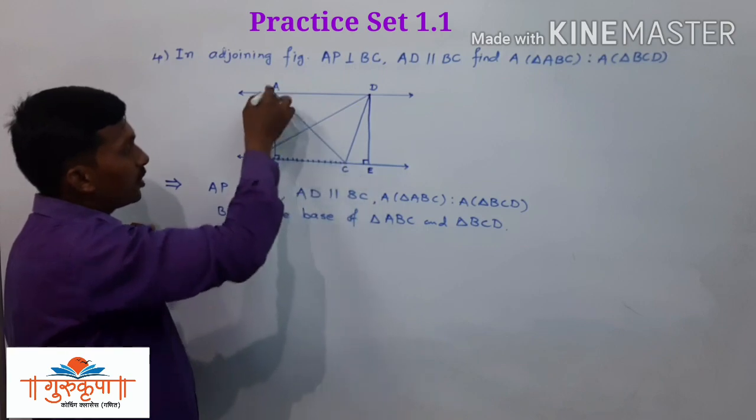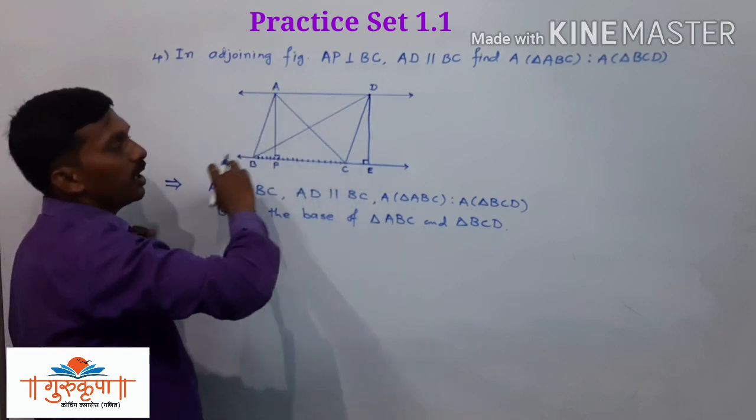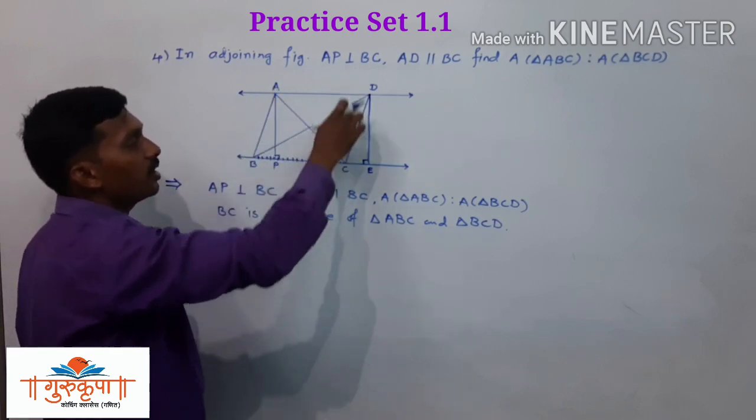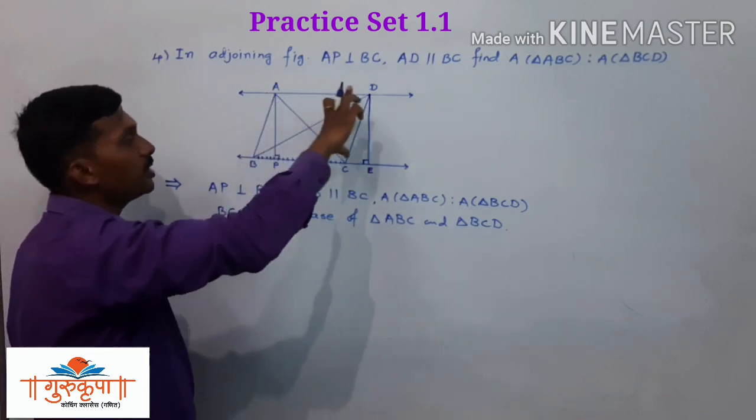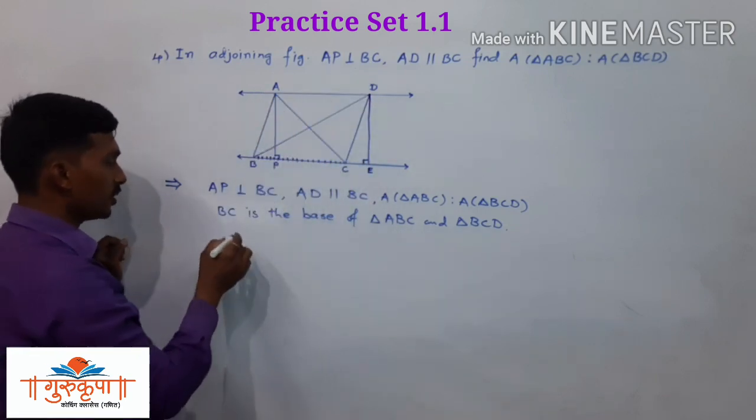See, the height of the first triangle ABC is AP, and the height of the second triangle BCD is DE, and here we can write AP is equal to DE. What is the reason?